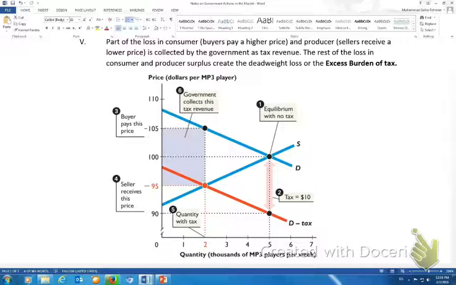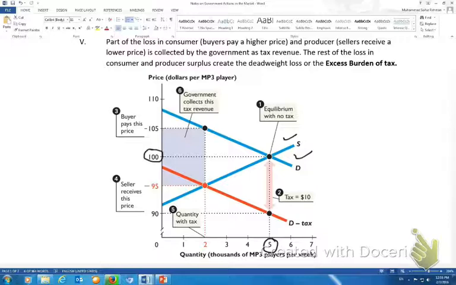Imagine that there is no government imposition of tax. The situation without government is represented by the blue supply curve and the blue demand curve. When there is no government taxation, the equilibrium quantity would be 5 and the equilibrium price would be 10.